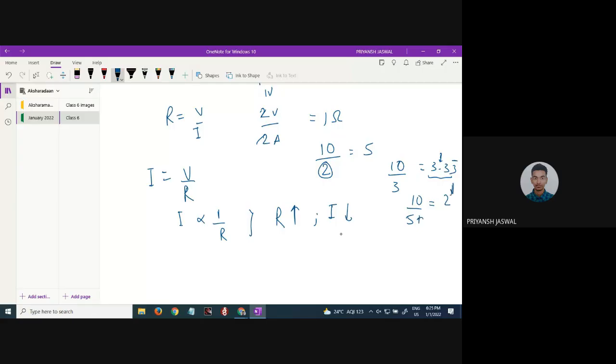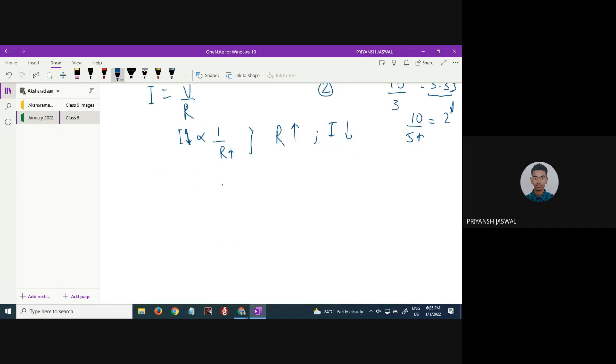It has further decreased and this has increased. Similarly, if I increase the R, the quantity on this side will decrease. This is the essence of inverse relation. You can try out an example. If you double the resistance, the current will be halved. This is the meaning of inverse relation.